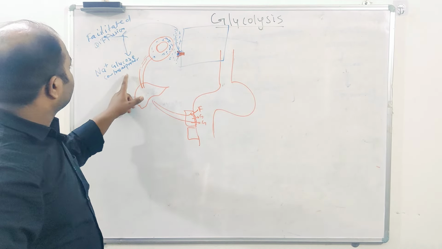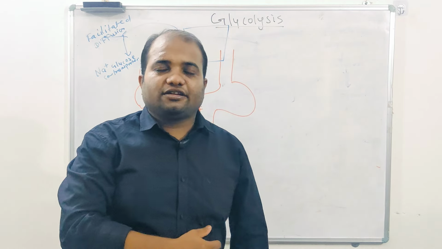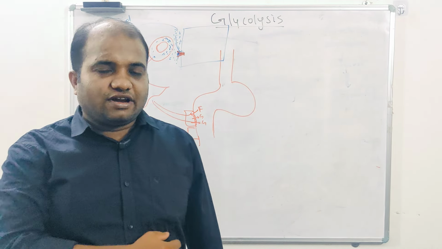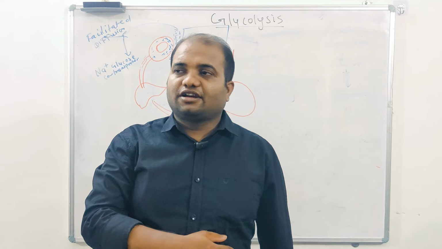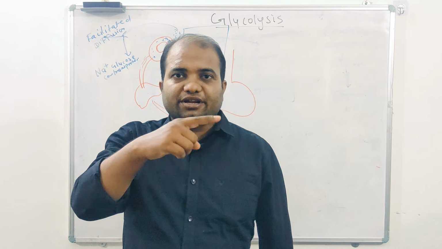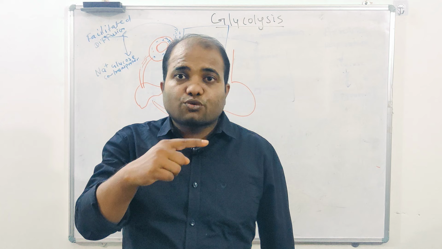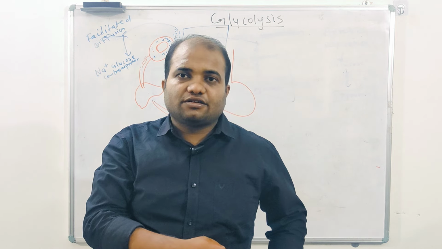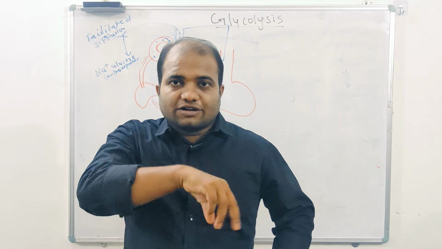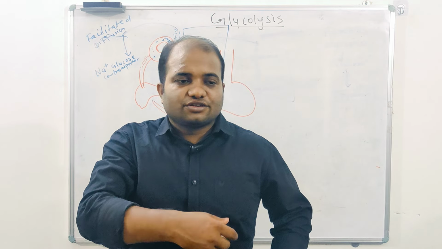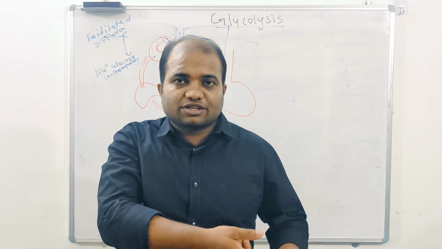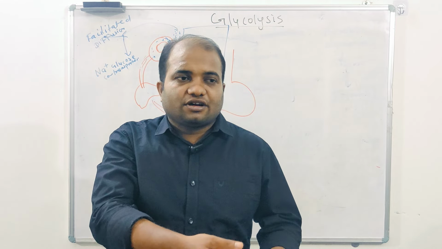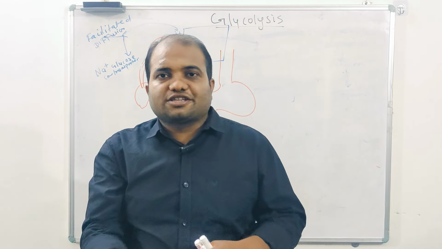Sodium glucose cotransporter. Mainly in the kidney, in the PCT, you have epithelial cells, and the lumen membrane of those epithelial cells has the sodium glucose cotransporter. When sodium and glucose are loaded, it gets flipped inside. So sodium and glucose from the nephron lumen are carried inside the cells.